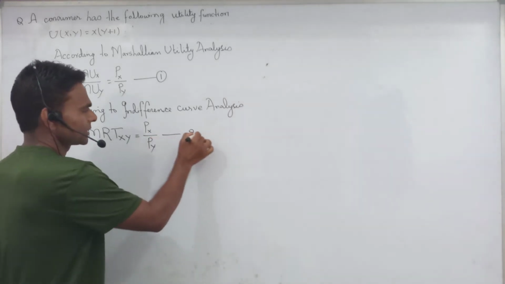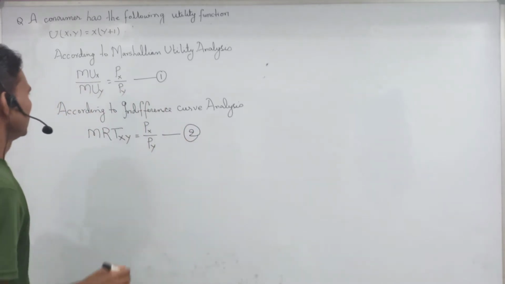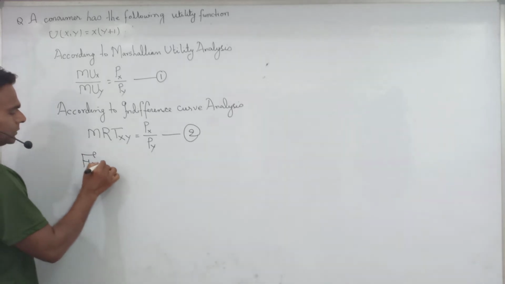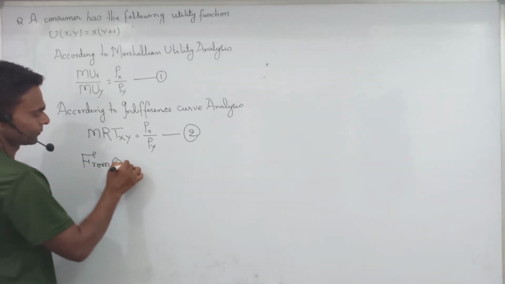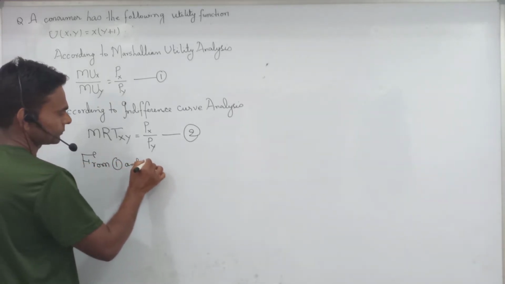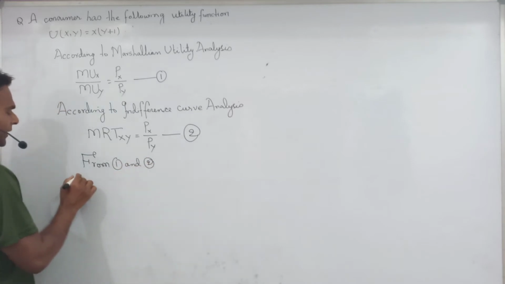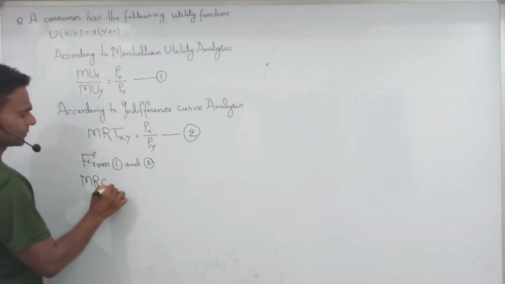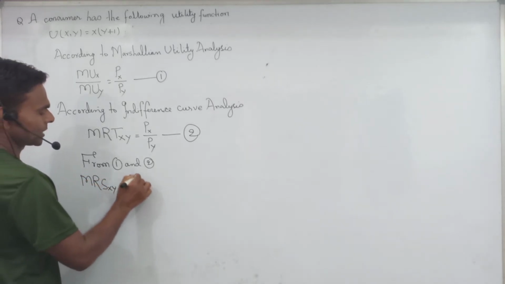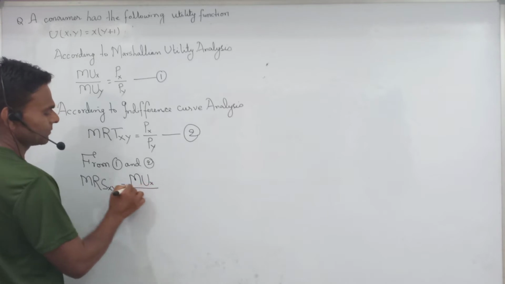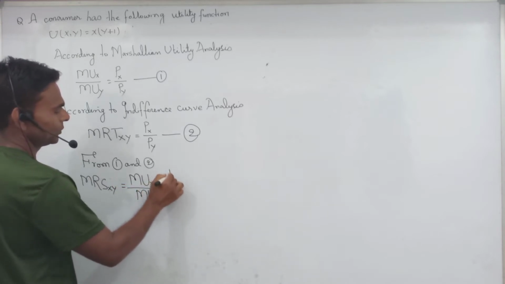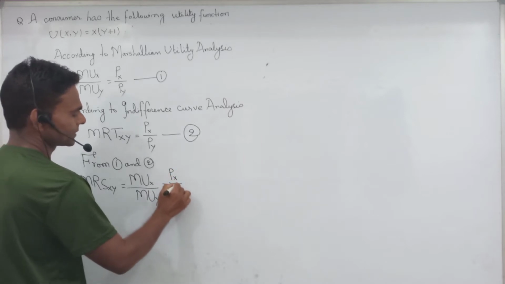Say it is equation number 2. From equations 1 and 2 we can say that the marginal rate of substitution of x for y equals marginal utility of x by marginal utility of y, which equals the ratio of their prices.